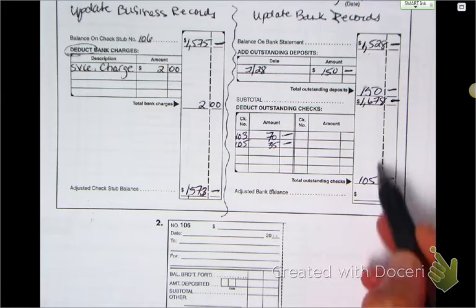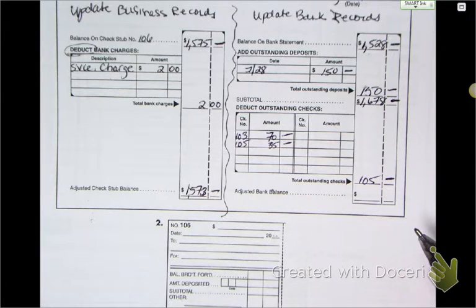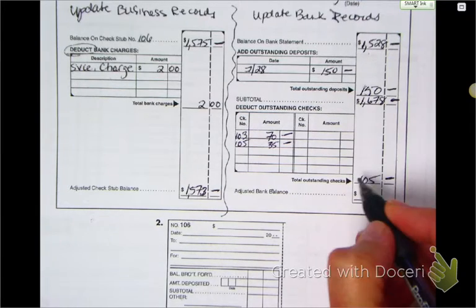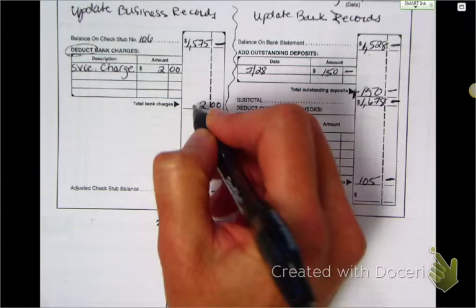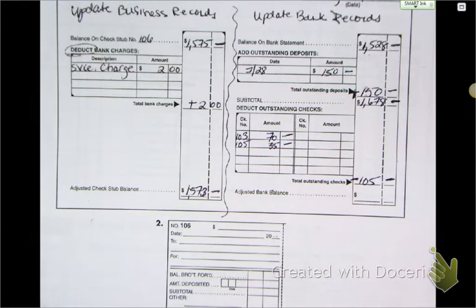Now we're going to add or subtract this. Right. We're going to subtract this. And logically, again, we're going to think about this logically, and it makes sense that we would subtract it. Why? Because the bank hasn't cashed this check yet, and they think we've got $105 in our account that, from our standpoint, we already deducted from our records.